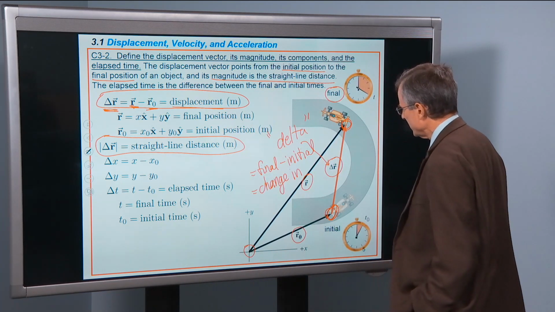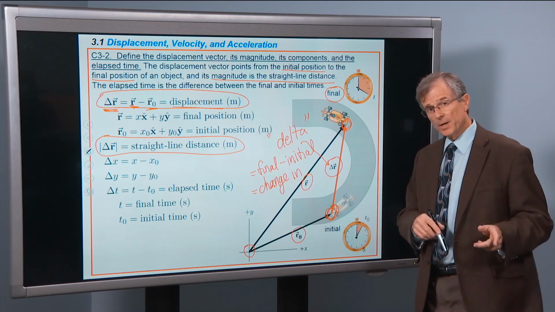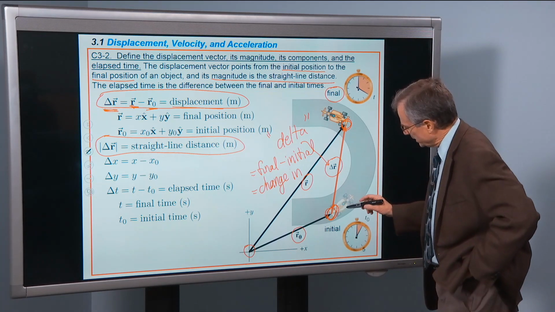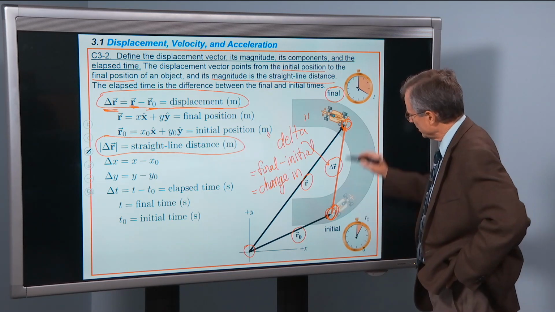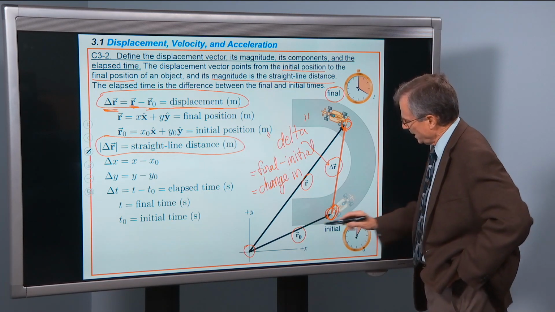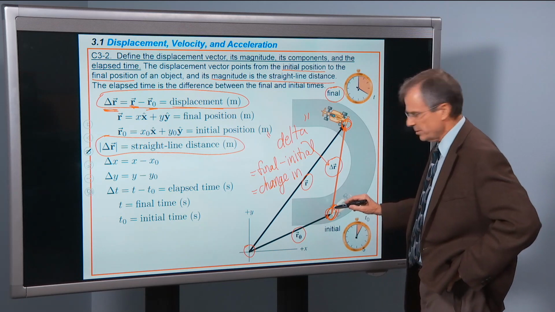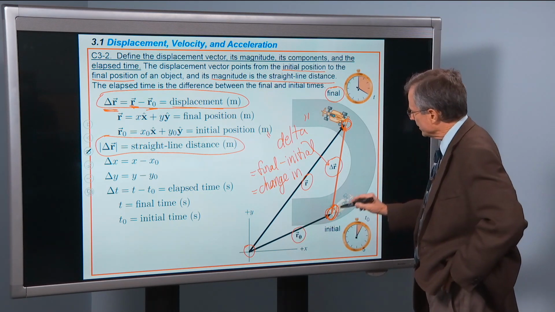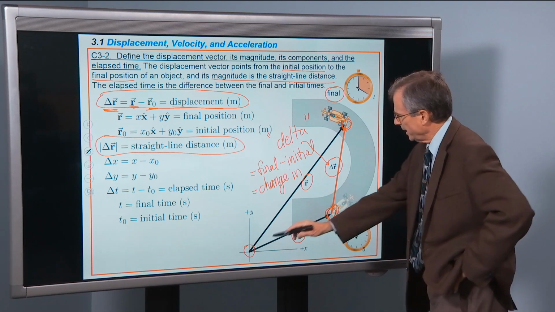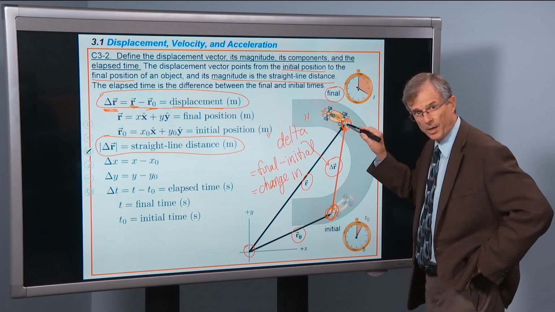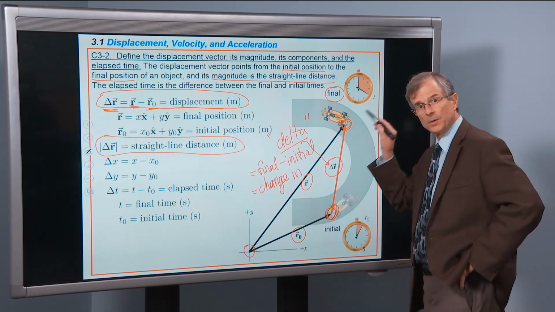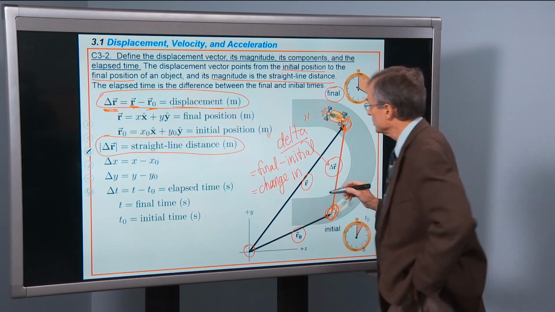Let's verify that that is actually true with our knowledge of graphical addition of vectors. Let's take a look at this. If delta r points from here to here, and r naught points from the origin to the initial position, then I can add r naught to delta r, this Greek letter delta, and get r, the final position. Let's write that down.